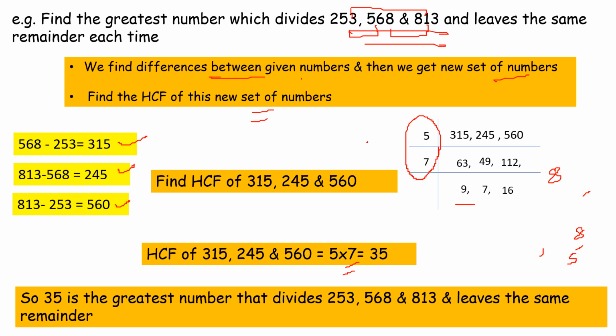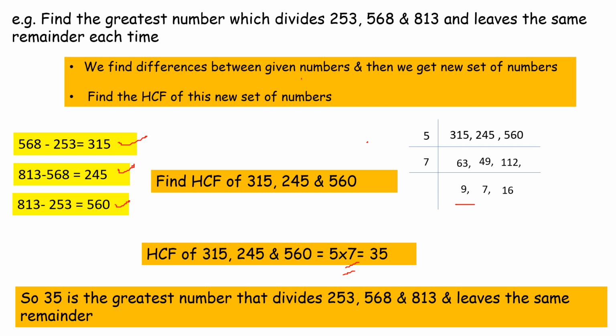But remember the method: when they say it leaves the same remainder, we need to do subtraction to get a new set of numbers and then find the HCF of these new numbers, and the HCF that we get is the required number which will divide the given numbers and leave the same remainder. You can see for yourself.